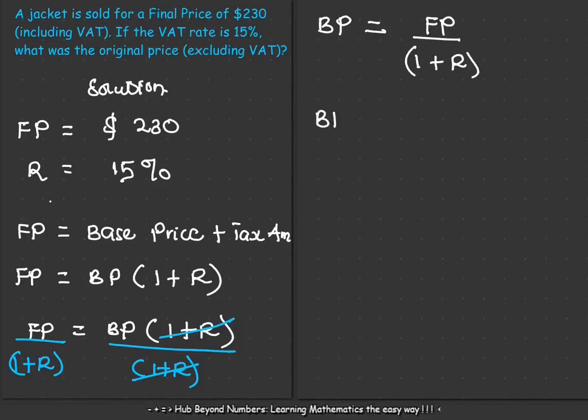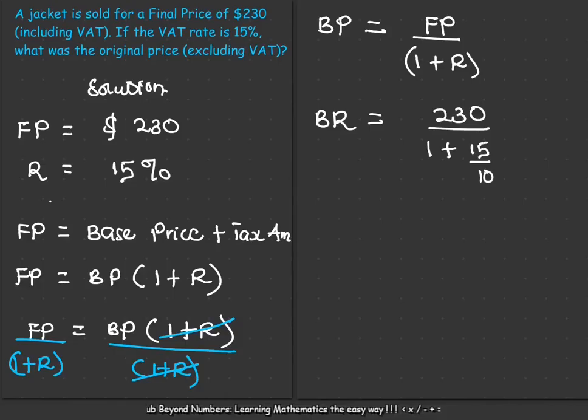So our base price now is actually equal to your final price, which was 230, all over 1 plus your R, which was 15 over 100. 15 over 100, that is 15%. Do you see that? Okay.